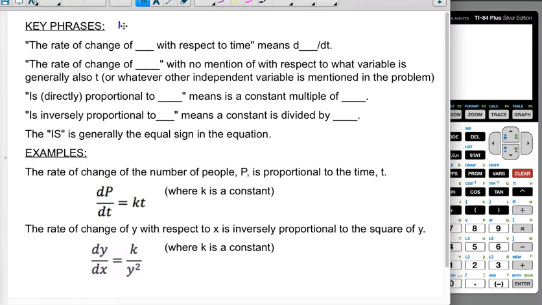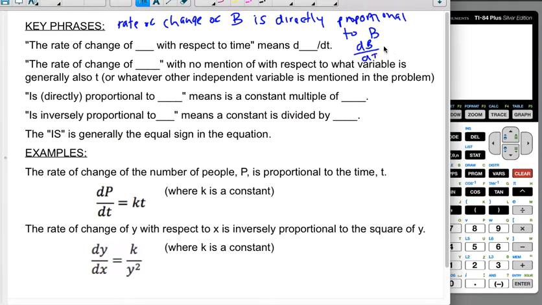If I say the rate of change of B is directly proportional to B, that would mean dB/dt, probably, unless we're given a variable, is a multiple of B. So dB/dt = kB.